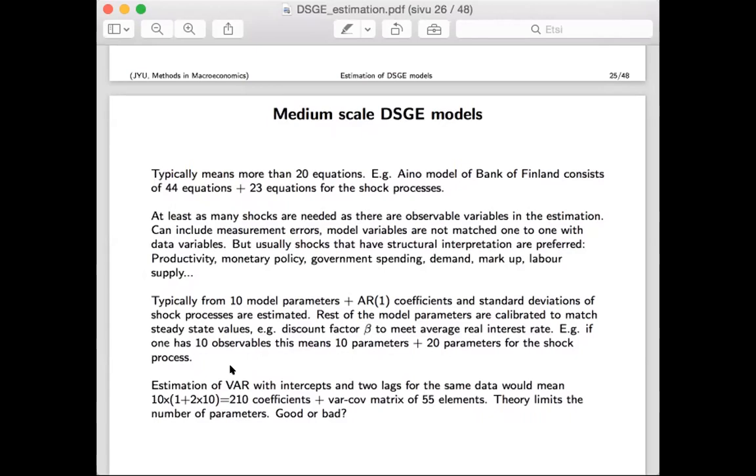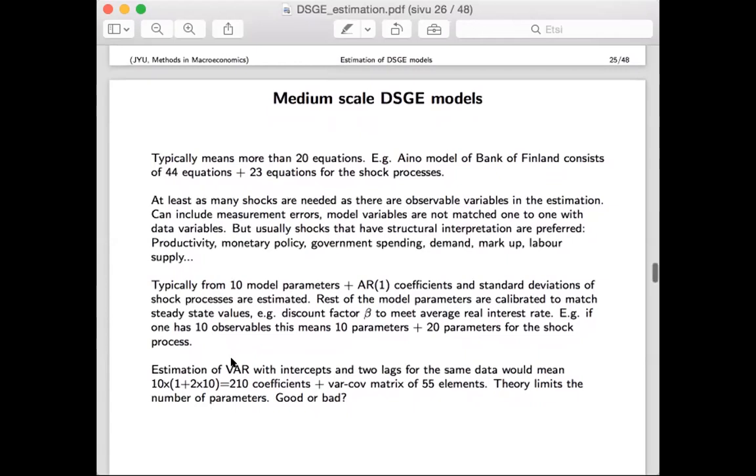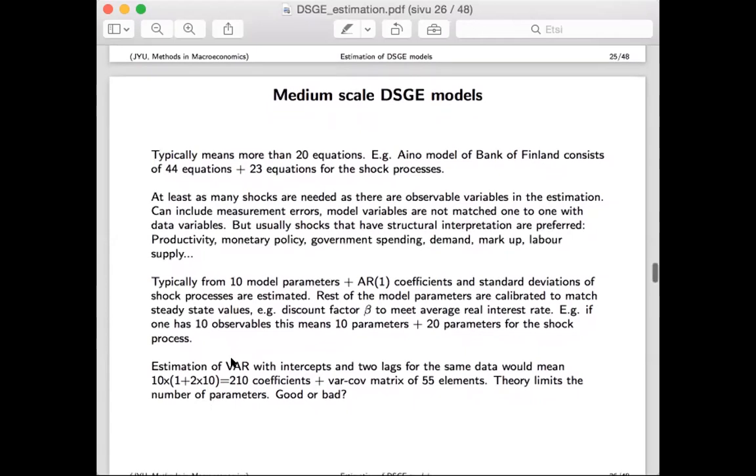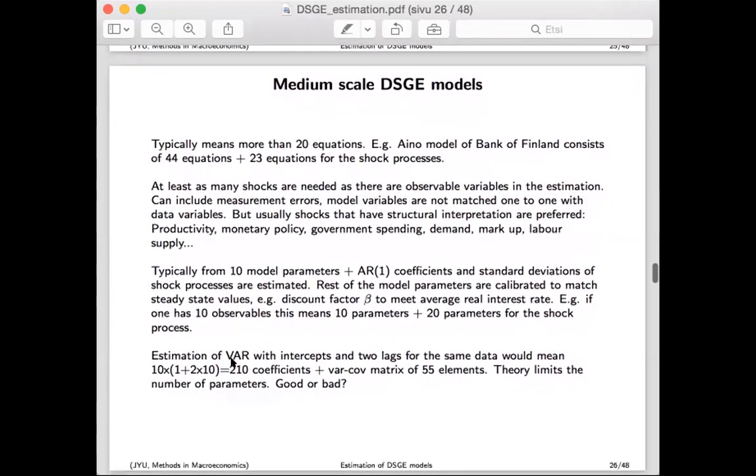There can be measurement errors, but usually shocks that have some structural interpretation are also more preferable. So as an example, typically there are more than 10 parameters to estimate, and then others are calibrated.